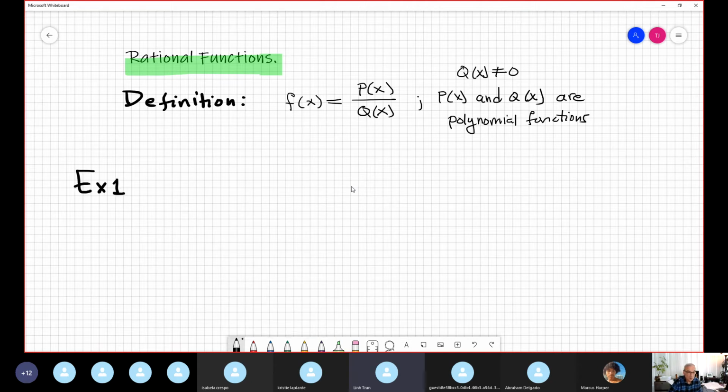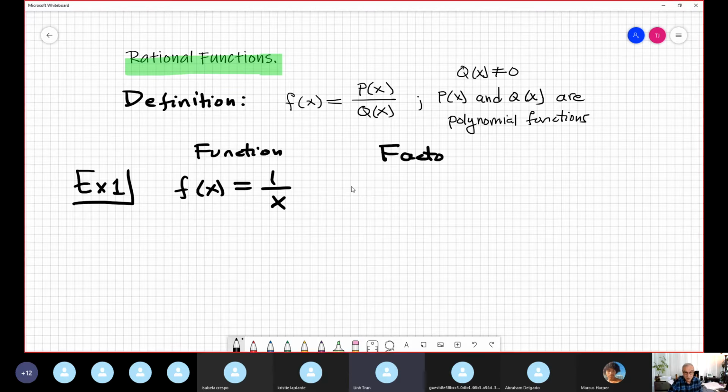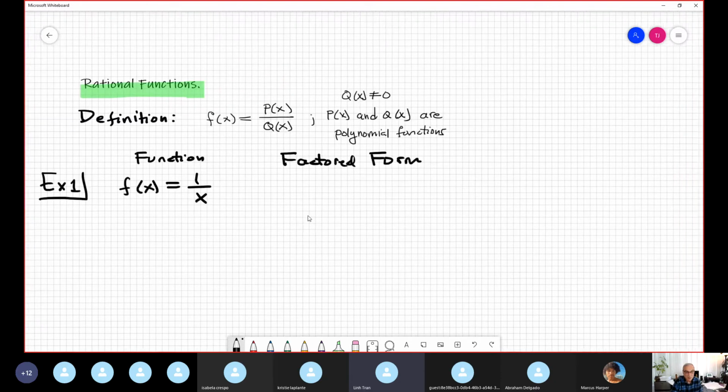Example 1 is pretty easy. f of x equals 1 over x. Now this is the function. Now the factored form is always the factorization of the top and the bottom separately.